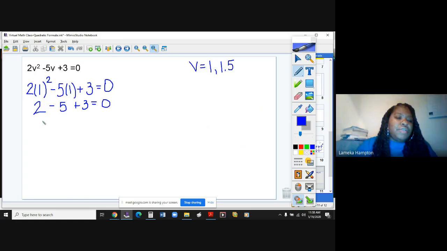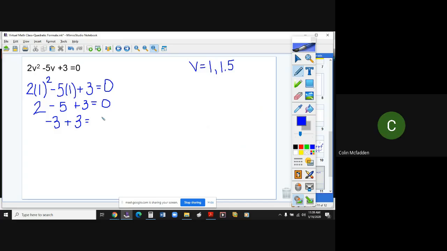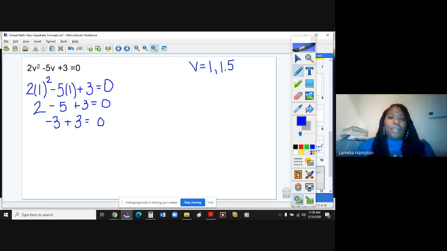Negative 3. Wonderful. So if I was negative $3 in my account, but I was blessed to put $3 back in, what's my balance? 0. So therefore, 1 is a correct answer.